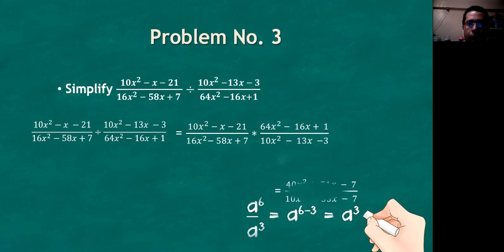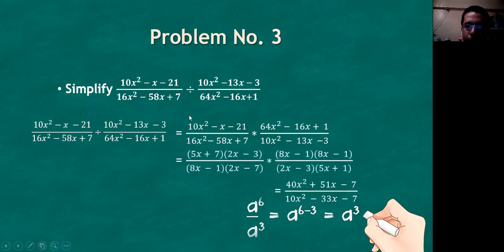So for 10x squared minus x minus 21 over 16x squared minus 58x plus 7, the factors of the numerator are 5x plus 7 multiplied by 2x minus 3. So this is factoring by trial and error.